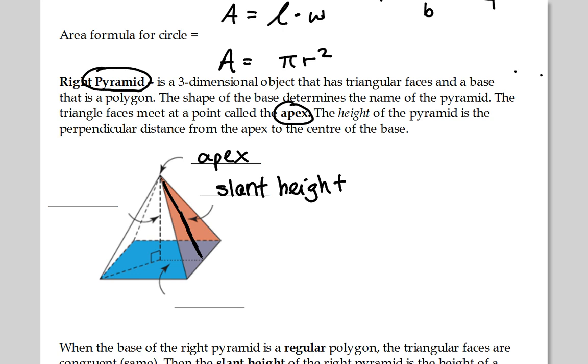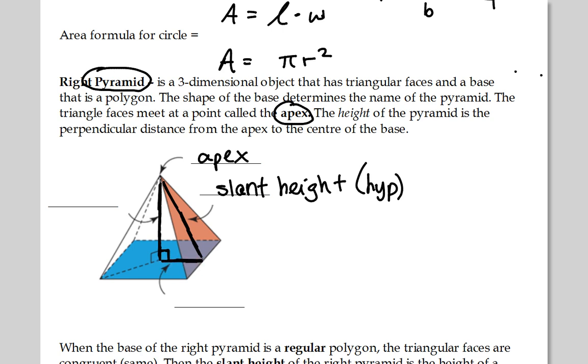Now, that slant height, you're going to sketch in with your pen or your pencil what I've done here with this black triangle. That is a right angled triangle, and that slant height is a hypotenuse, but only for half the base's distance. See how this line only goes halfway across?